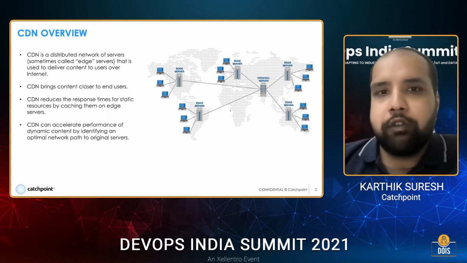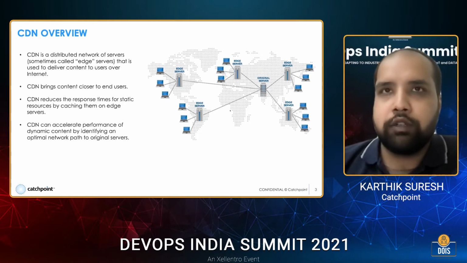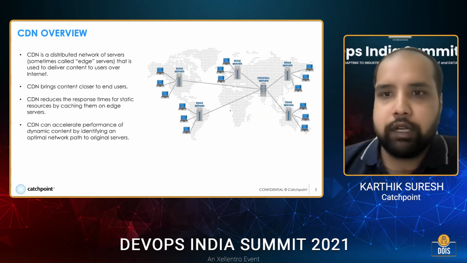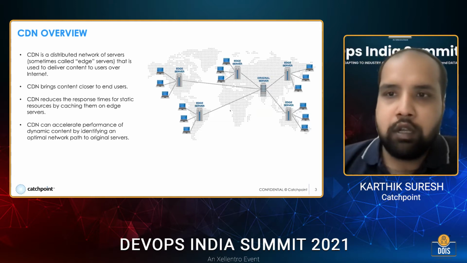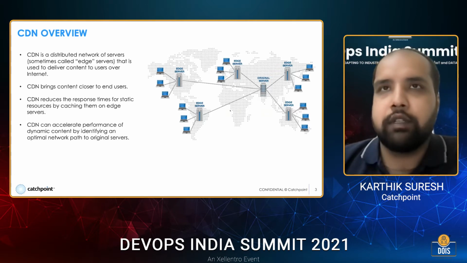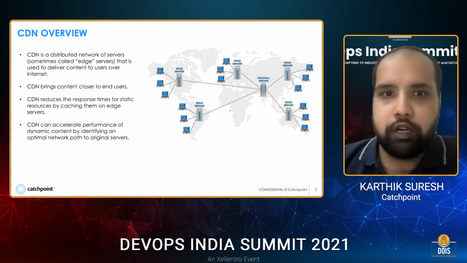So a quick overview of CDN or Content Delivery Network. A CDN is a distributed network of servers that are used to improve last mile connectivity and content delivery for users over the internet. Websites would usually have two types of content: static content and dynamic content.